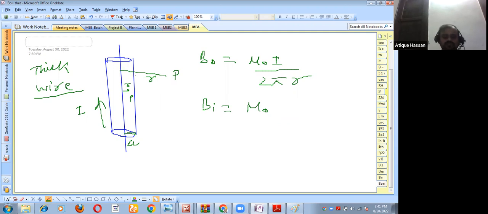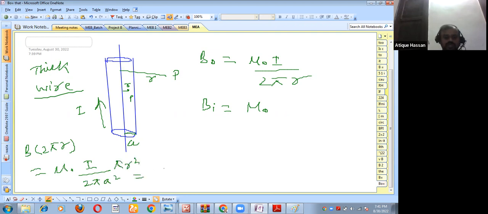So the result you will get is, you have to find current per unit length, and if you apply it like this, you will get B into 2 pi r will be equal to mu naught into I enclosed, I upon pi a square into pi r square.